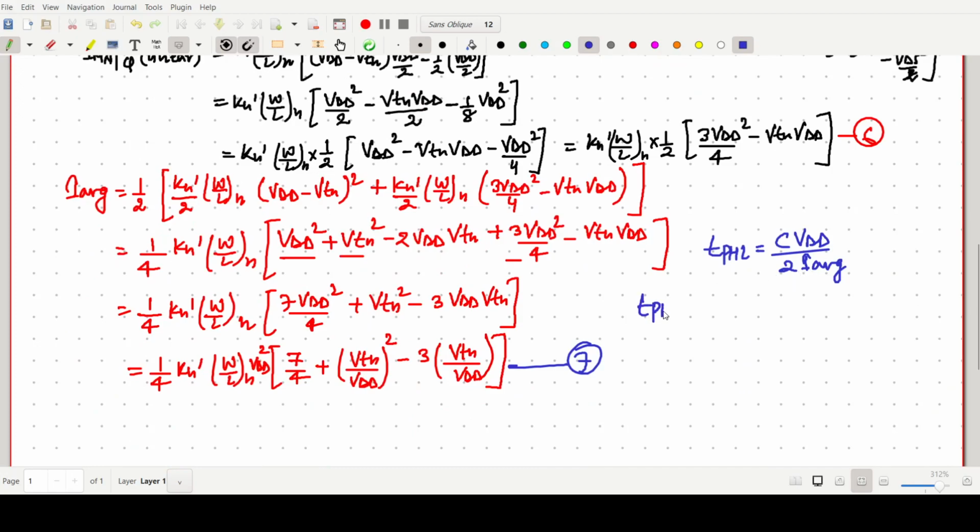So tau PHL can be written as C VDD by twice 2, then it should be 1 by 4, K n s W by L of n VDD square into the next term, that is 7 by 4 plus Vtn by VDD whole square minus 3 Vtn by VDD.